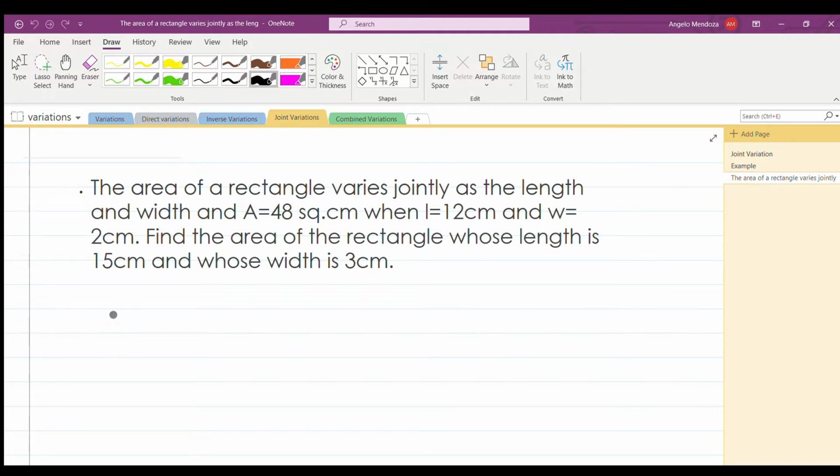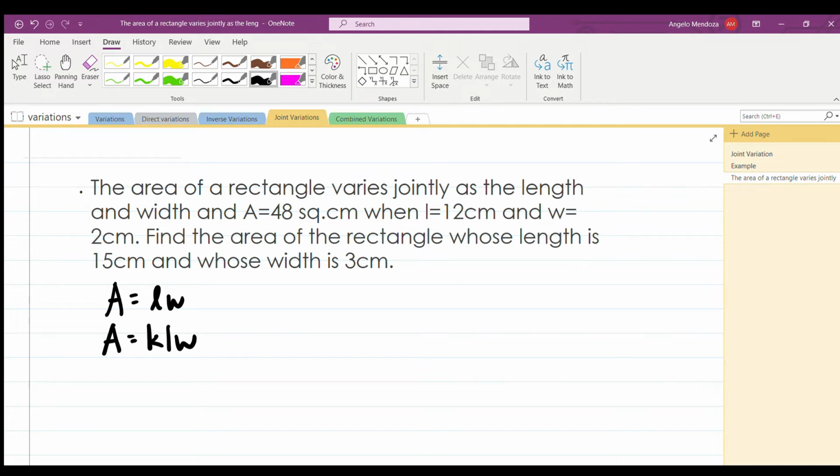As we all know, the area of the rectangle is length times the width. Since we are referring to a joint variation, we just add K here. So you have A is equal to KLW. That is the translation of this statement.